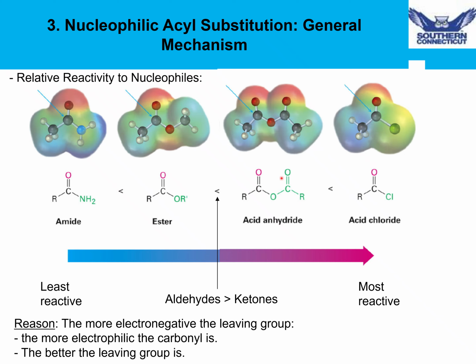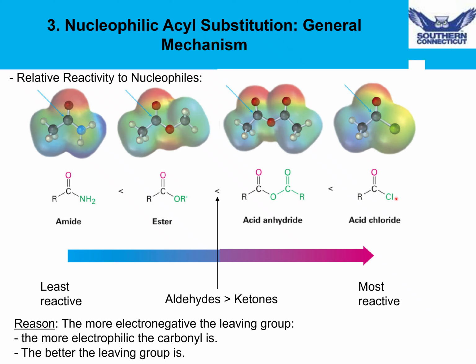In the case of an anhydride, the leaving group is essentially a carboxylate group, which has a negative charge on this oxygen once it's kicked out, which can be resonance stabilized. For that reason, anhydrides have a better leaving group than the esters. The chlorides and the bromides have halogens, which don't form a very strong bond to carbon because the orbitals of chlorine and bromine are different sizes than the orbitals on carbon, so they don't overlap very well, and so they tend to form a very weak bond.